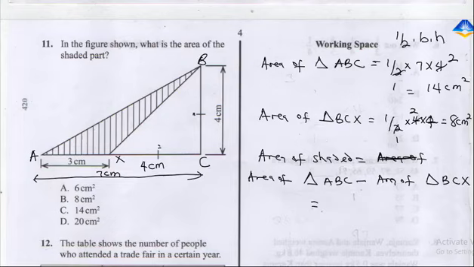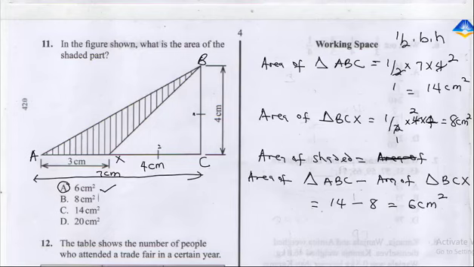So this is going to give us 14 minus 8, which will give us 6 cm squared. So the correct answer here is A. So I'll mark my A.